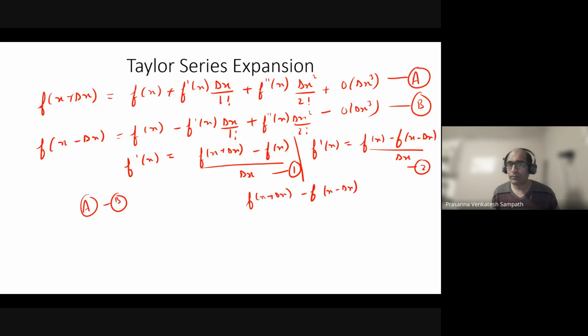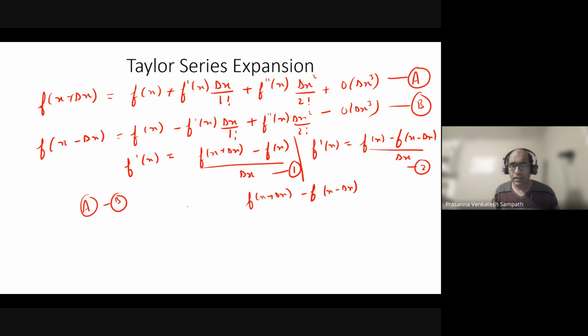Now when I subtract A and B, this f of x and this f of x will cancel out. Here I have f prime x into delta x, and then I have minus f prime x. So when I subtract B from A, I'll get 2 times f prime x into delta x. And then this term will get cancelled out. This is a plus term, this is plus, so when I do A minus B, this will get cancelled out, and the higher order terms anyway will cancel out.